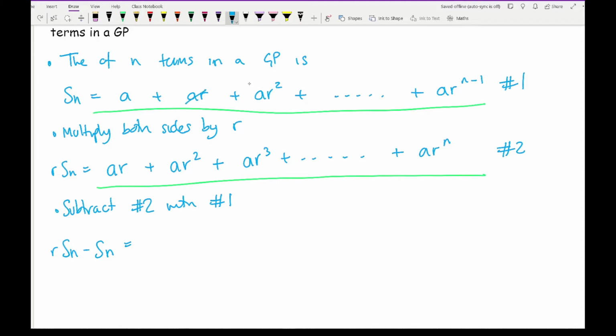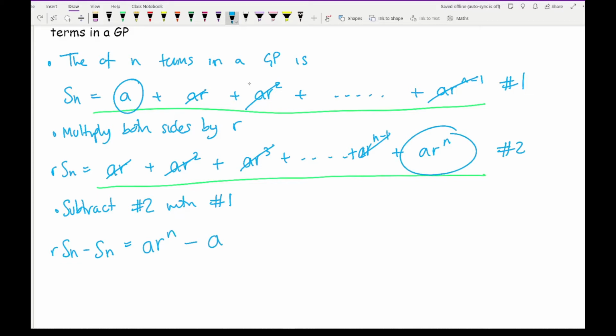So ar is going to cancel with ar, ar squared with ar squared, ar cubed will cancel with that, and obviously the previous term, plus ar to the n minus 1, would cancel too. So the only thing I would have left would be the subtraction of those two things, so it would be ar to the n minus a.